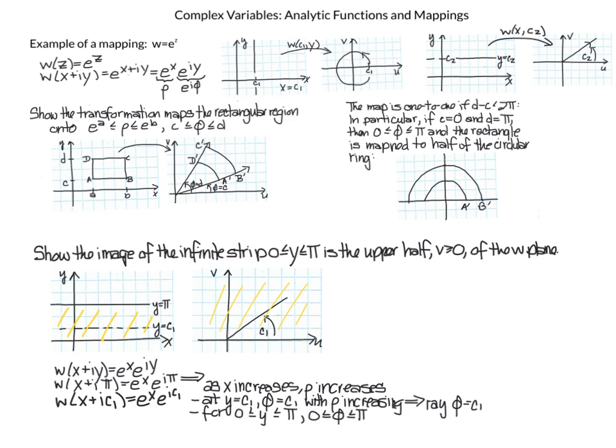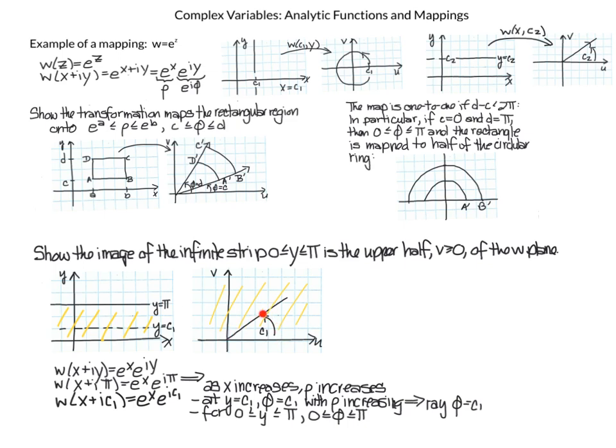So we look at w, x plus iy, which is equal to e to the x, e to the iy. For example, x plus i pi, when y is equal to pi, gets mapped to e to the x, e to the i pi. Or when y is equal to c1, then w of x plus i c1 is equal to e to the x, e to the i c1. Let's say we're at y equals c1.